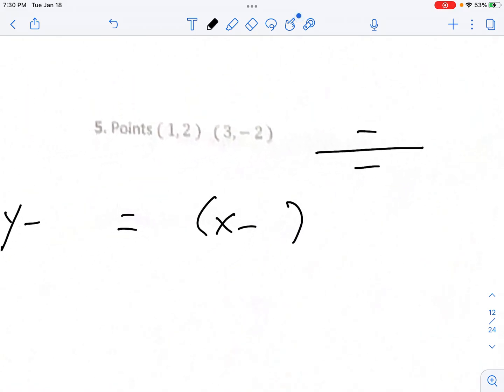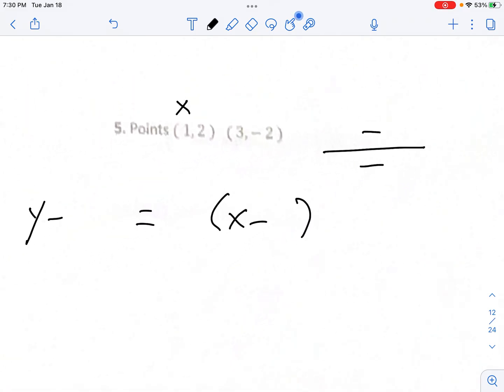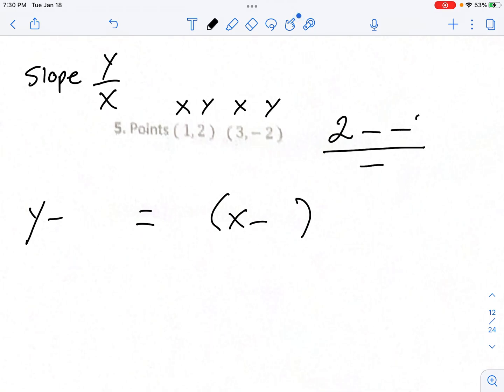All right? So on the slope setup, this is x, that's y, that's x, and that's y. Remember, okay, slope is actually y over x. So what I'm going to do is take both of my y's and put them on top exactly where they are. 2 and negative 2, which means this turns into a positive.